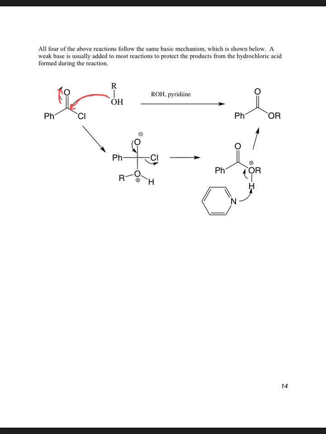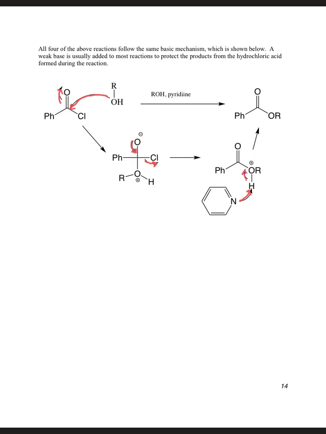It doesn't matter which order. They're roughly the same energy-wise. Most of the time, people like to reform the carbonyl, kicking off the chloride leaving group to form the protonated ester, and then our base, the pyridine in this example, can come grab the extra hydrogen to form our ester.